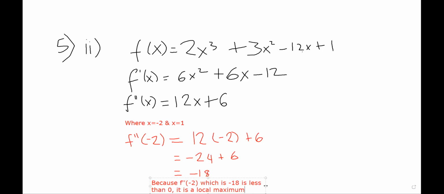All right. So because it is less than 0, we can conclude that it is a local maximum.